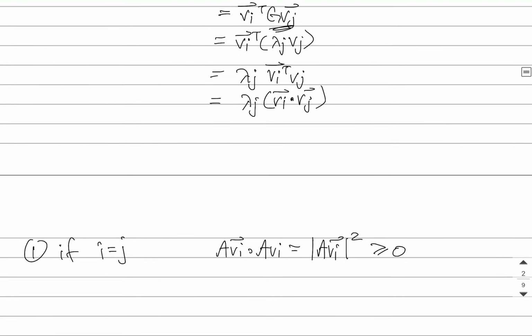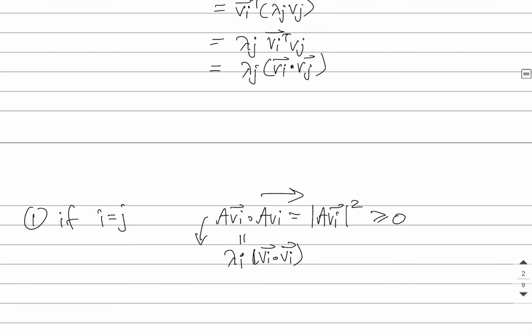At the very worst, it's equal to 0. So that's one way to interpret this. And from above, we know that this has to be equal to lambda i times vi dotted with itself, which means that this is lambda i times the length of vi squared.